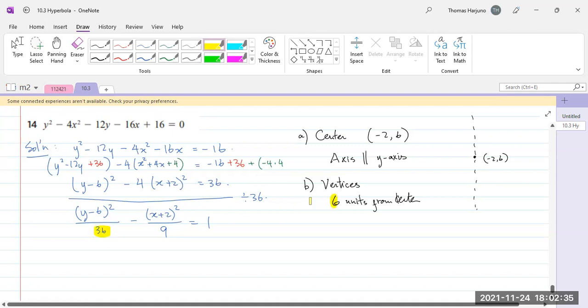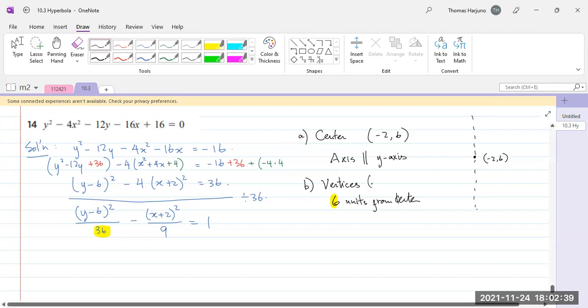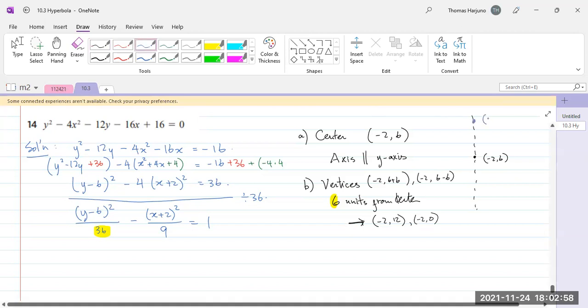So the vertices will be negative 2, 6 plus 6 and negative 2, 6 minus 6, which becomes negative 2, 12 and negative 2, 0.